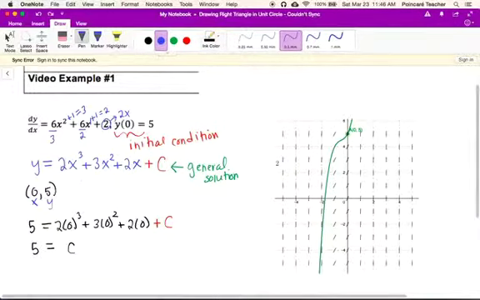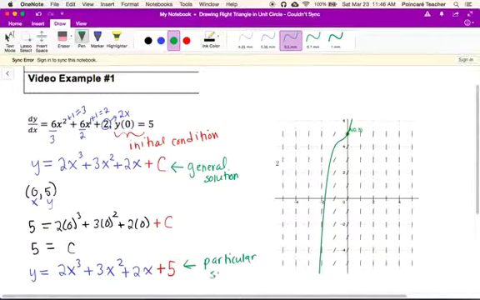From the general solution, I can now get what's called a particular solution, where c is the plus 5. And what I'm looking at here is the particular solution.